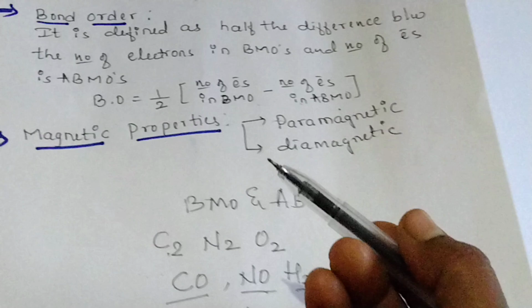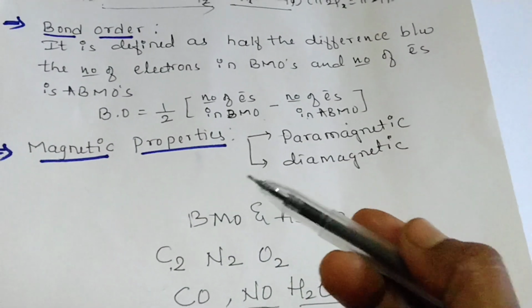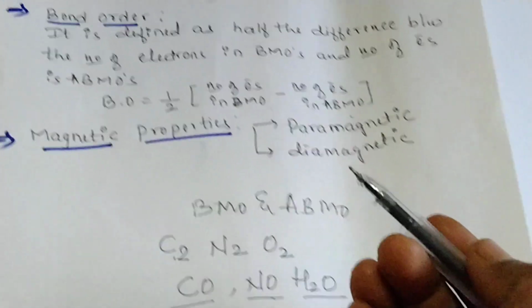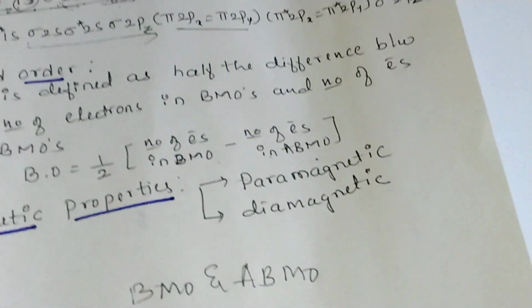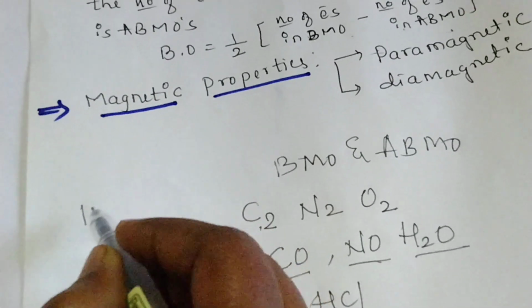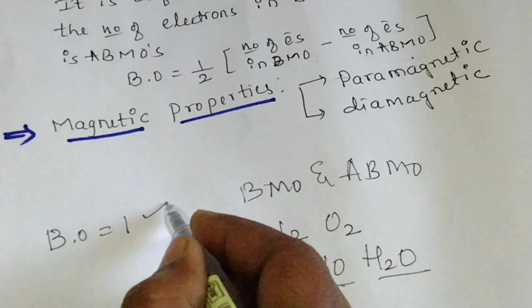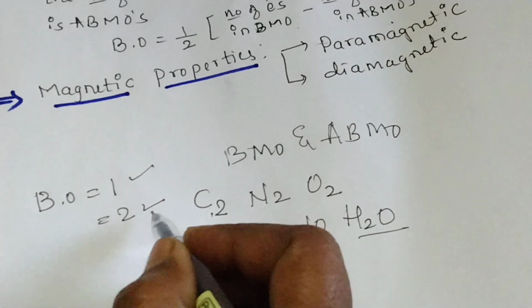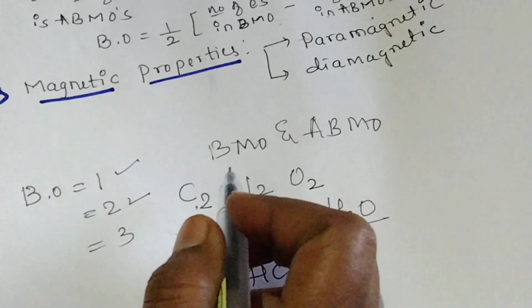If we get 1, it means the two atoms in the molecule are bonded by a single covalent bond. 2 represents a double bond and 3 represents a triple bond.